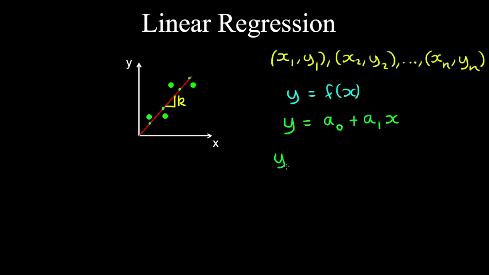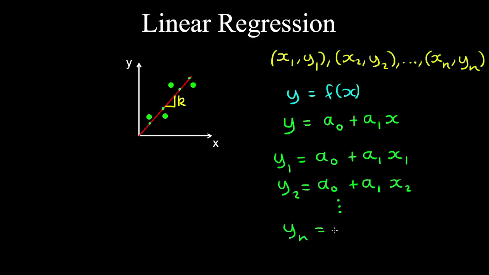So for point 1, we'd have a0 plus a1 multiplied by x1, and for the second point, we'd have a0 plus a1 by x2, and so on up to yn is equal to a0 plus a1 by xn.